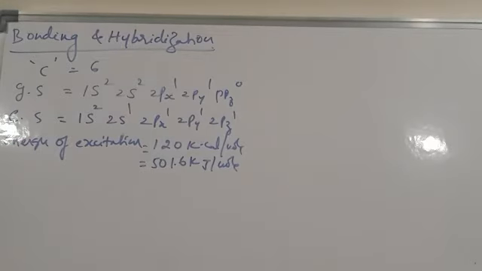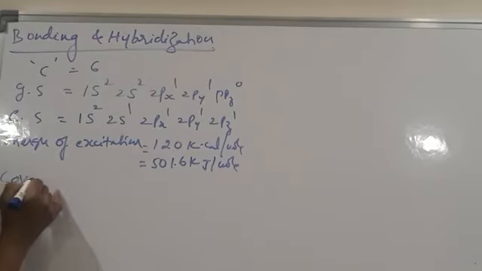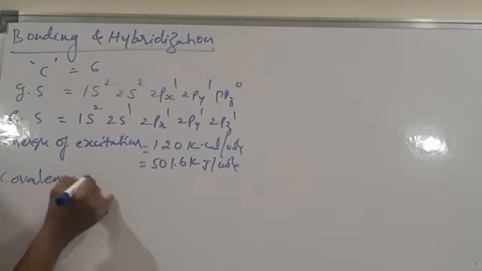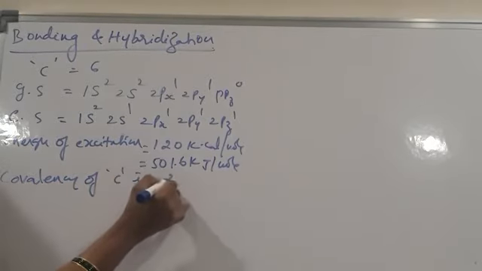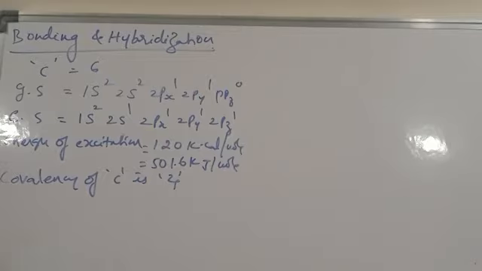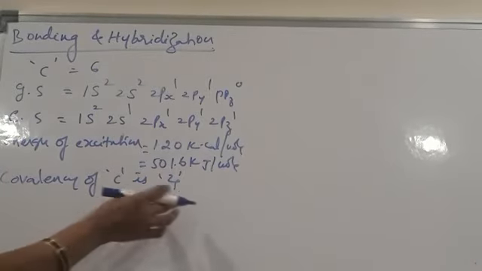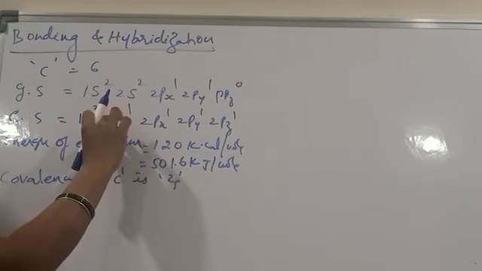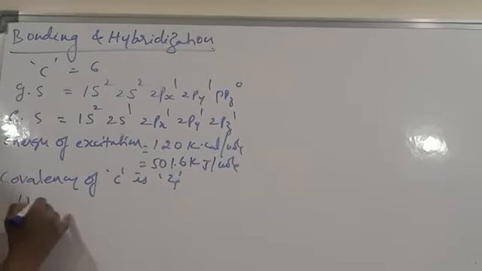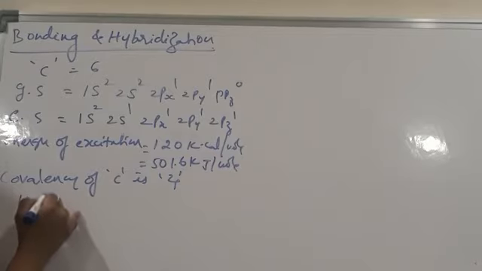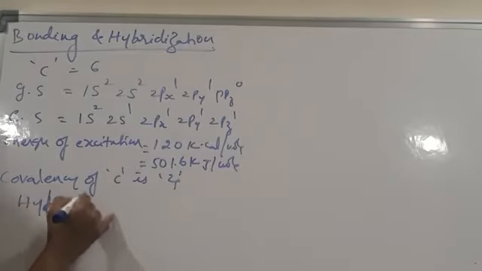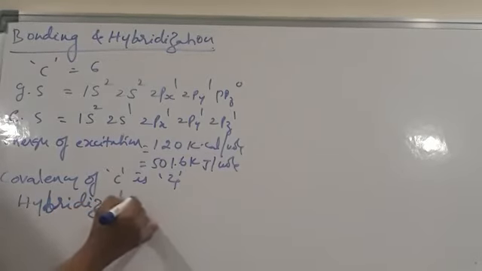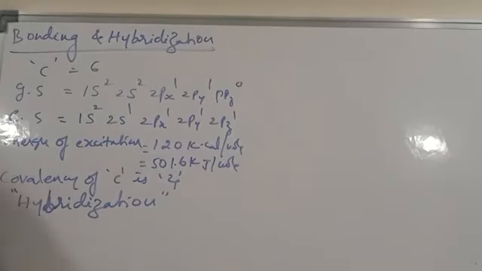Formation of covalent bonds: here the covalency of carbon is 4, so it forms 4 covalent bonds. This bonding is explained with electronic configuration and another concept called hybridization. Hybridization concept.